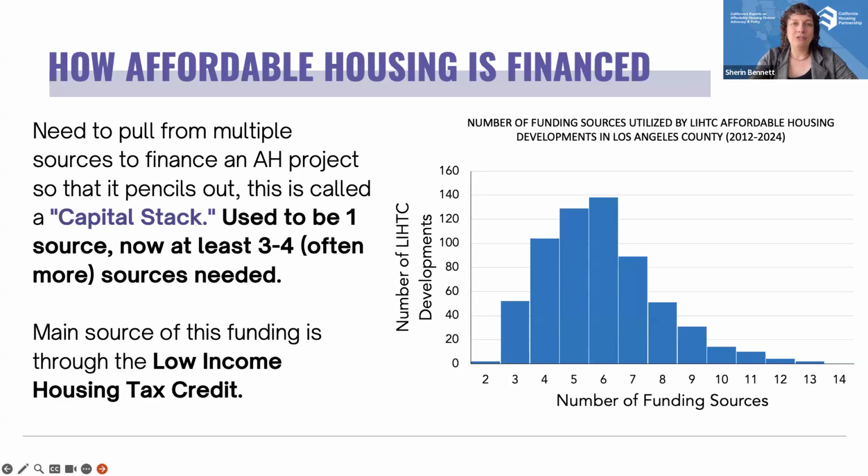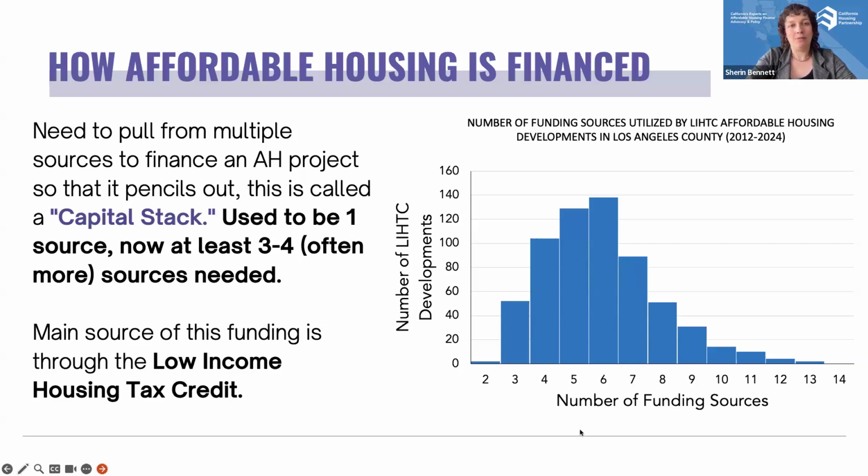And then as different programs started in the 1970s and 80s, we would see a conventional mortgage paired with a soft source. The low-income housing tax credit program was born in 1986. And so now we have that as a resource, but we need additional public sources to fill that gap. And now we're seeing at least 3 or 4, usually more sources needed.